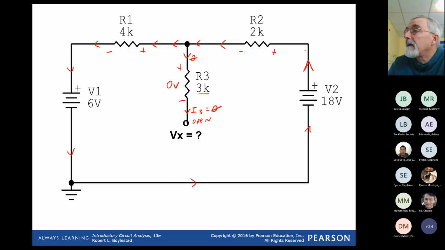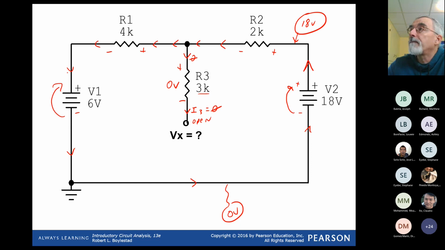Once we know that, I tend to want to just start here at my 0 volts and travel through the circuit. If I go up 18, then this must be 18 volts. And if I go up 6, then this must be 6 volts.